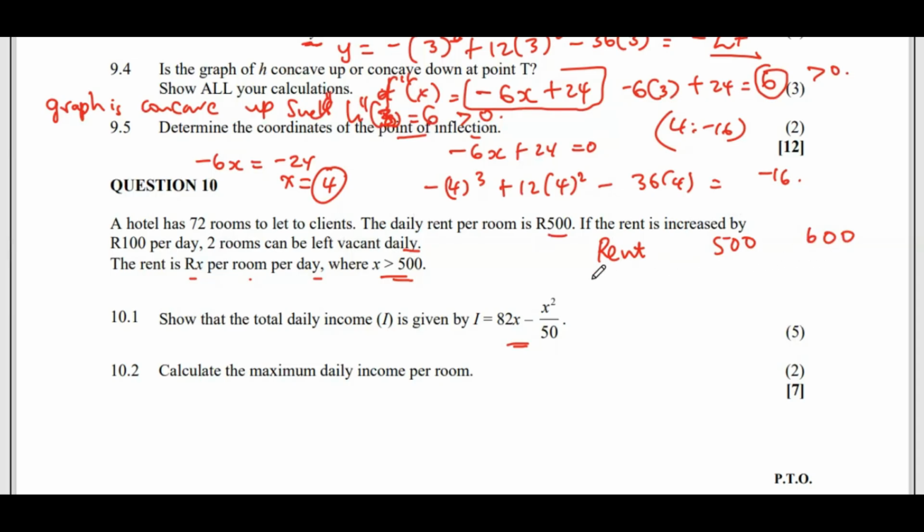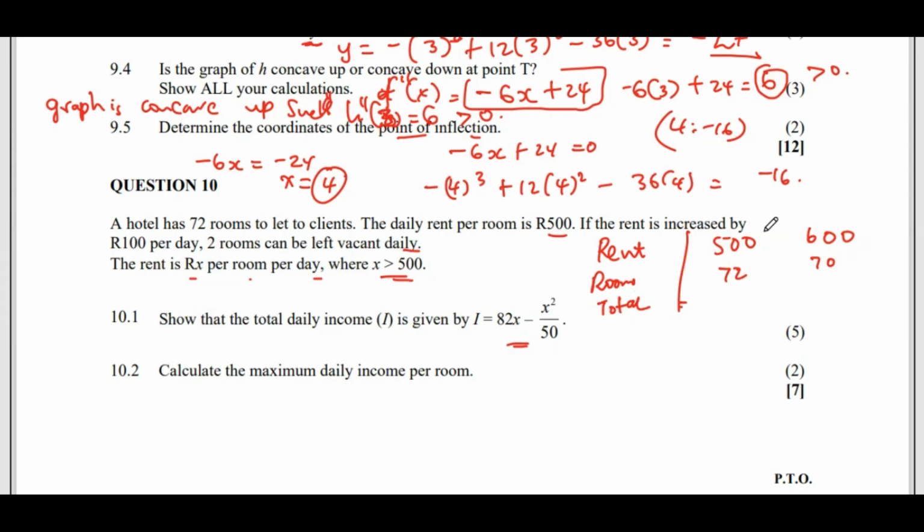How many rooms are rented? We're saying there are 72 rooms, and if the rent is increased to 600, then only 70 rooms will be rented. Then what would be the income? What total will be collected?